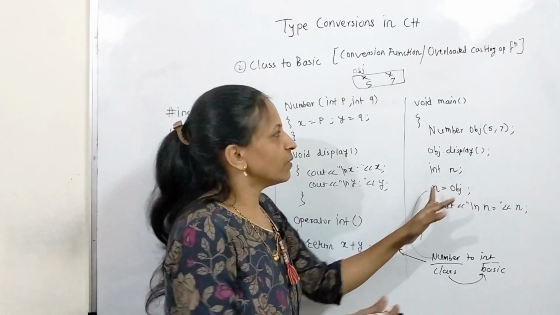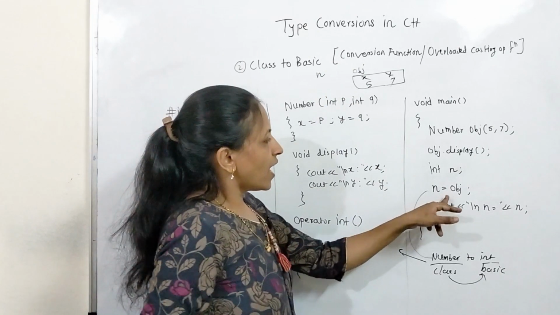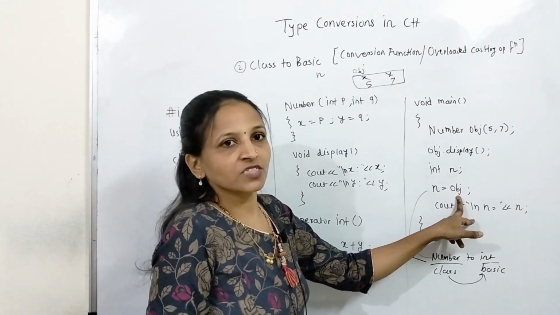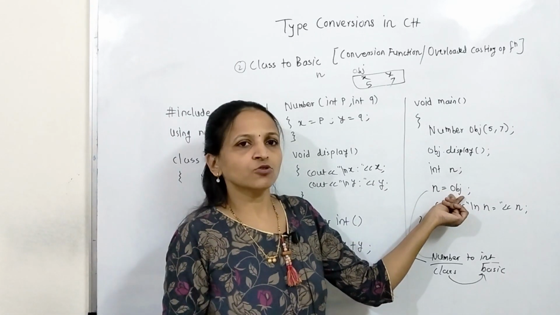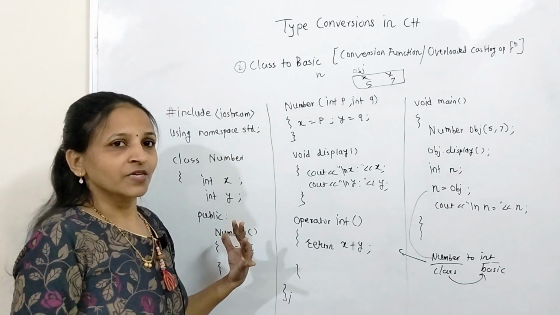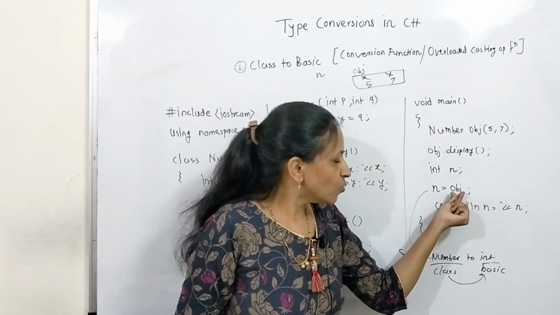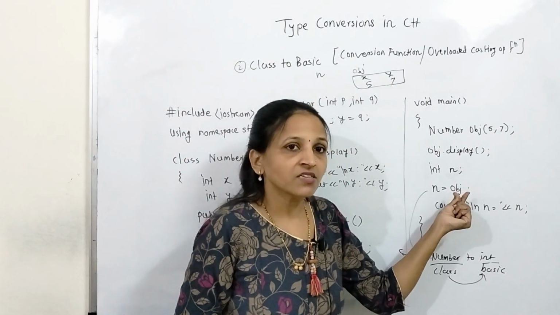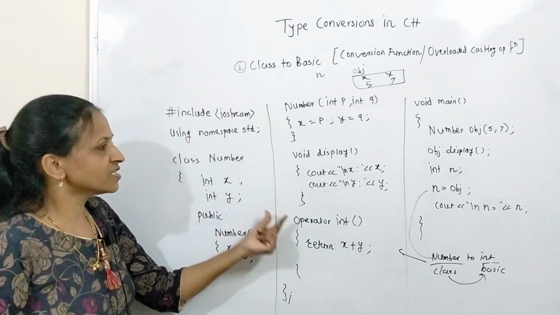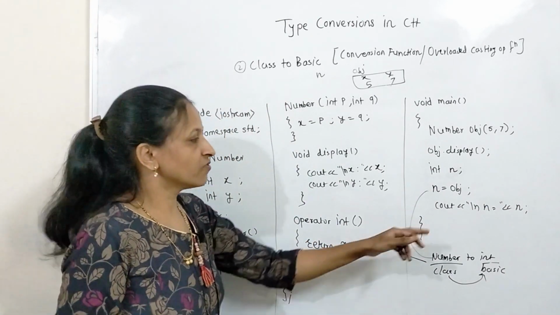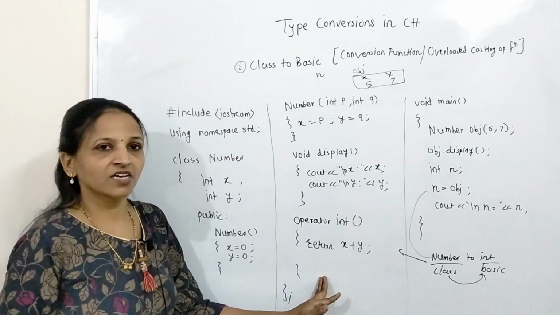Int n will be created in memory and n equals to obj. Now I am not assigning any integer value to this n, but here obj is of user defined data type. That's why we have to write the type conversion routine. Obj is of type class, the number class. Inside that number class we have already written that conversion function. That conversion function will be called automatically.